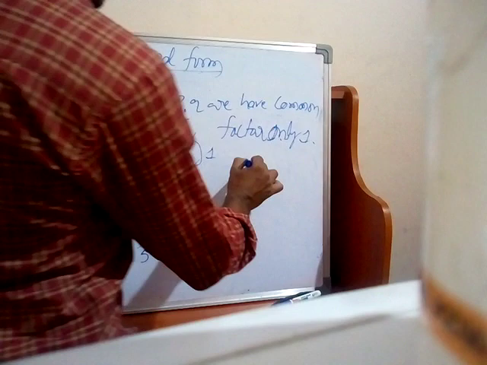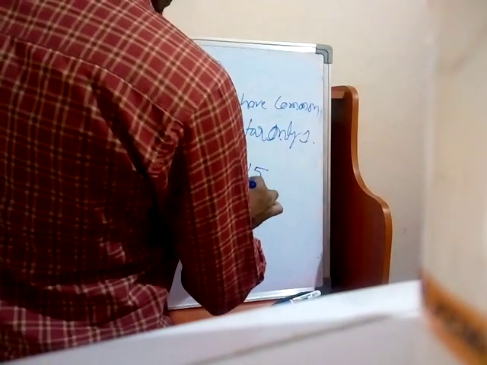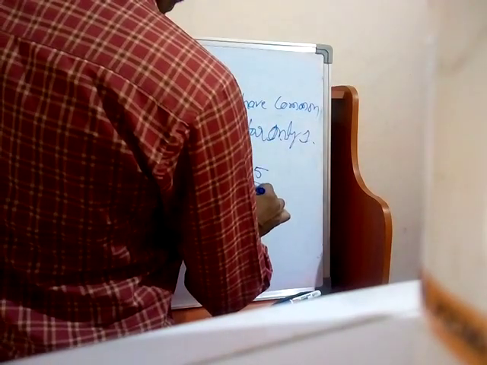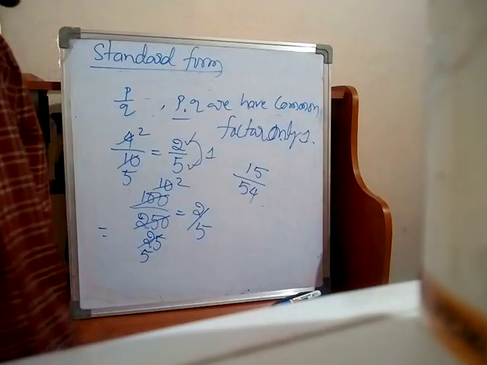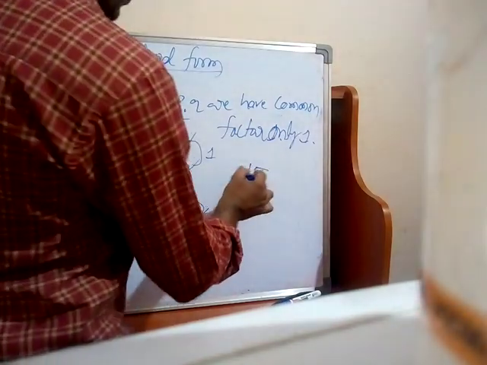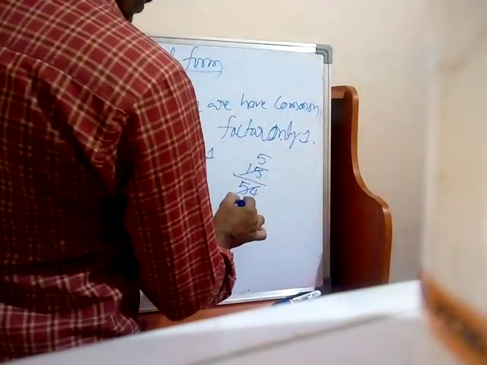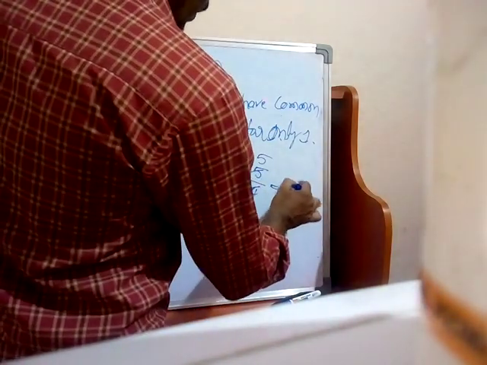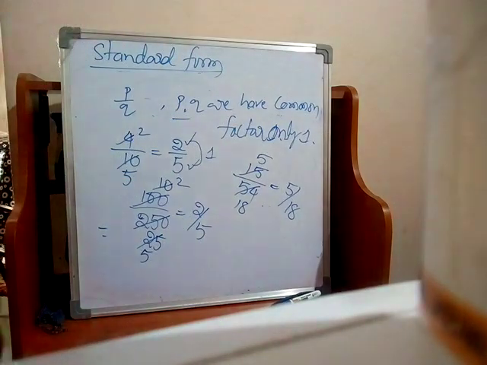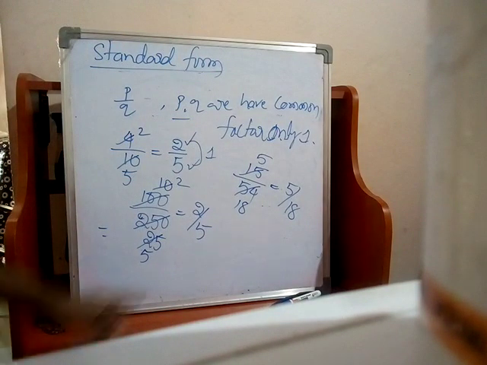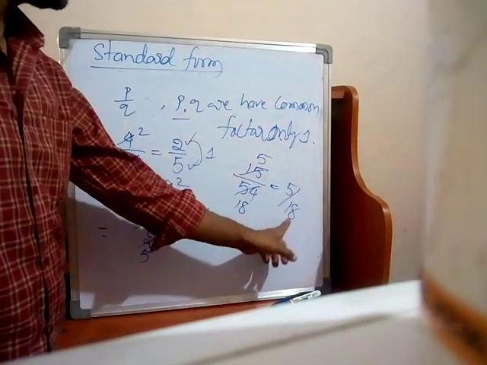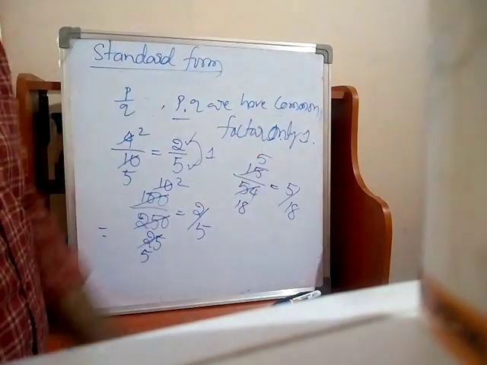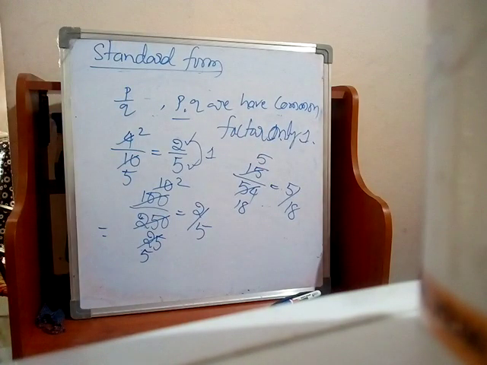Okay, 15 by 54. So which table cancels? 3 table. 3 5s are 15, 3 18s are 54. So we get 5 by 18. Okay, so that is also the standard form of this rational number, means numerator and denominator having only 1 as the common factor. Okay, that is standard form.